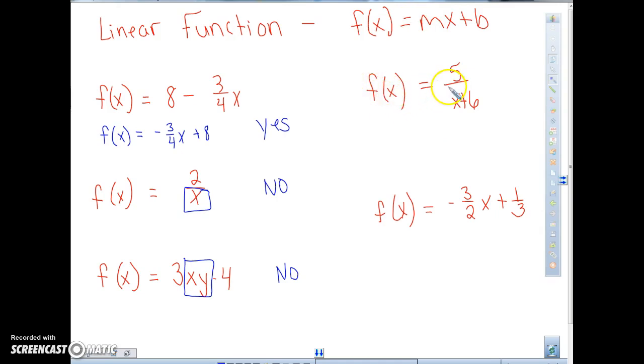The next one, f of x is equal to 5 over x plus 6. Again, this is definitely a no because of the x here. The last one is f of x equals negative 3/2 x plus 1/3. And this is definitely a yes, and it's already in slope-intercept form. This is your m, this is your b.